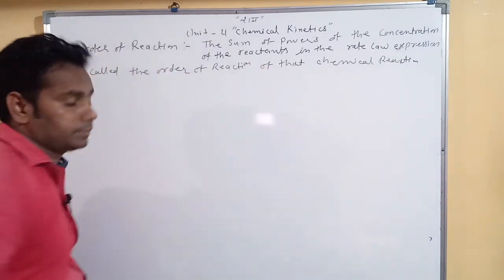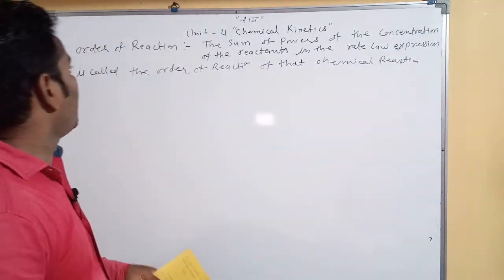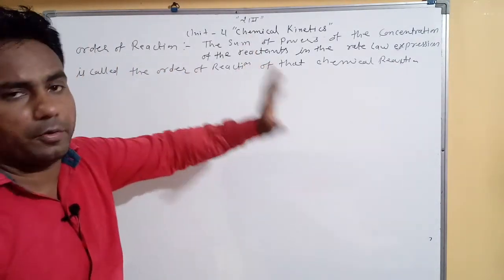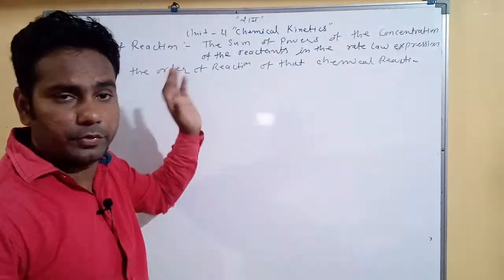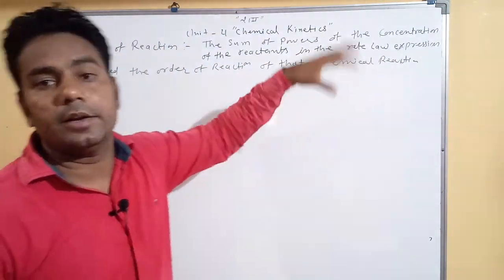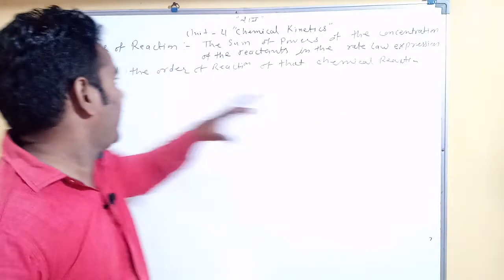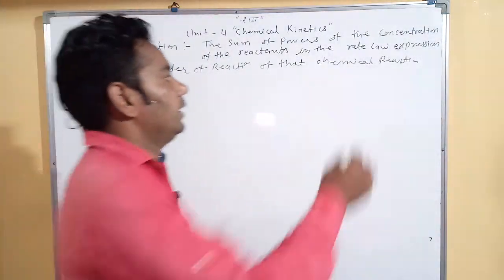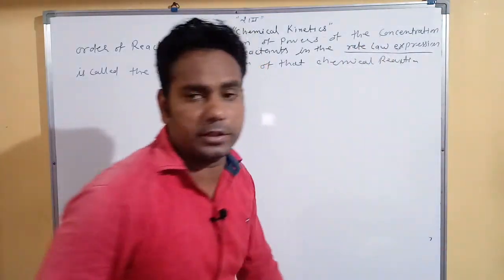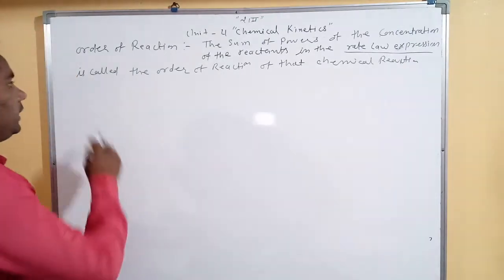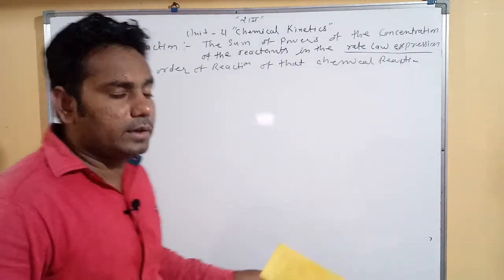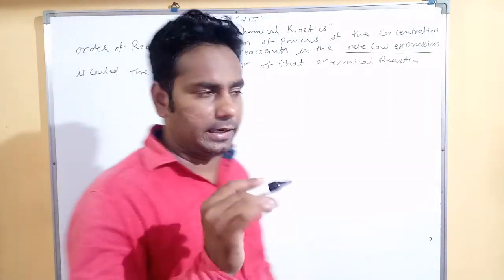What happened here? Order of reaction is the sum of powers of the concentration of the reactants in the rate law expression. We are already clear about the rate law expression, very useful for us. It is called the order of reaction of that chemical reaction.